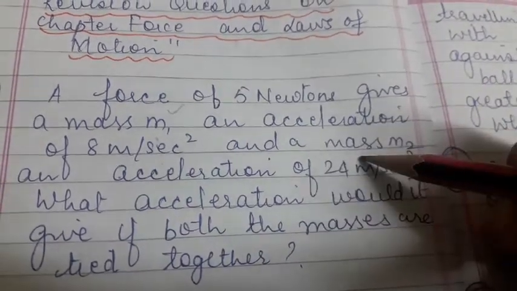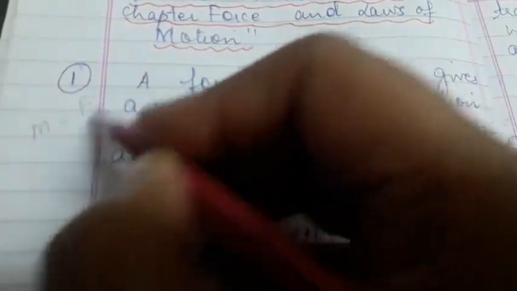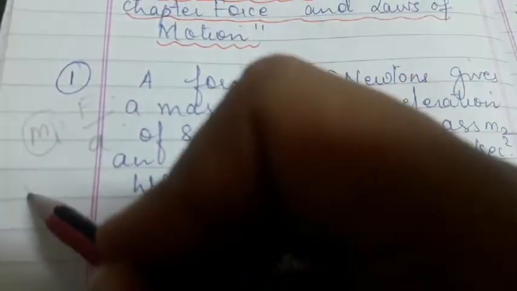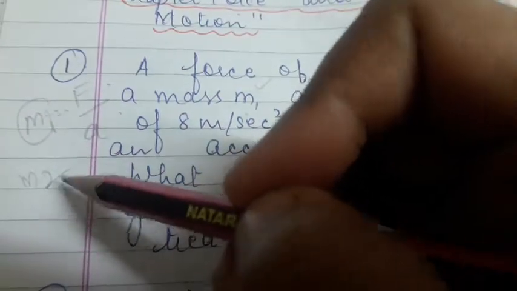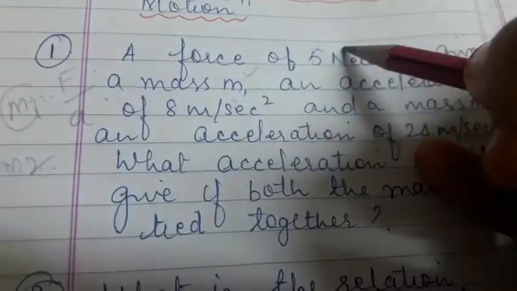Now, with the formula m is equal to F upon a, we can find m1 and similarly we can find m2. So you will get two answers here, m1 and m2. Now it is assumed that the same force is applied on the object when the masses are tied together.